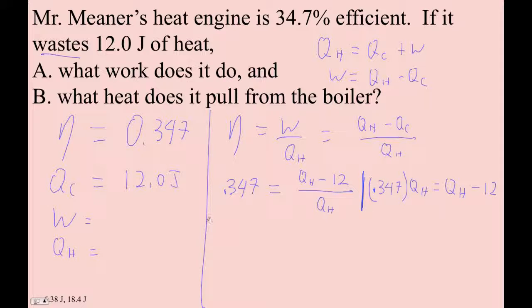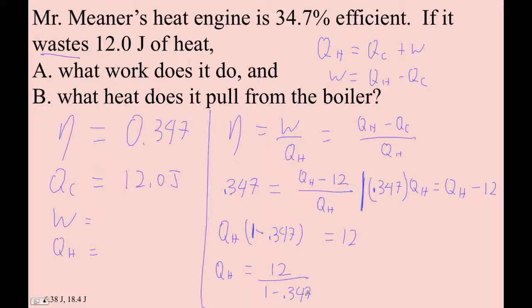And then a little rearranging, and we've got QH times (1 minus 0.347) equals 12, right? And then ultimately QH is 12 divided by 1 minus 0.347.